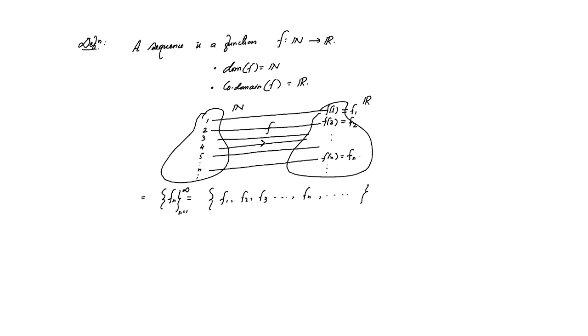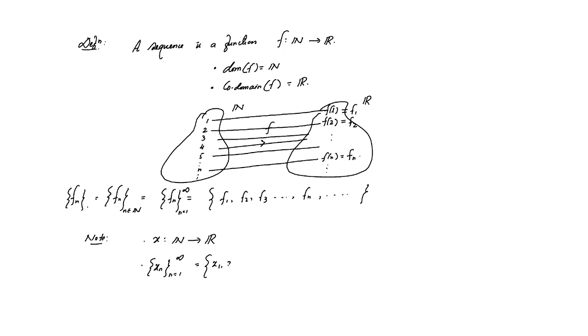In different books it is written as the sequence fn, n belongs to natural numbers, or simply as the sequence fn. Similarly, if we consider a function x from N to R, then the corresponding sequence is given by xn, n equals 1 to infinity.